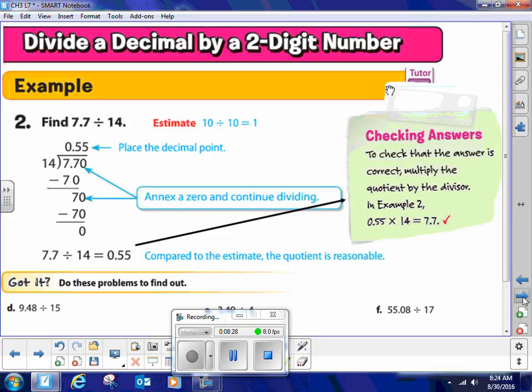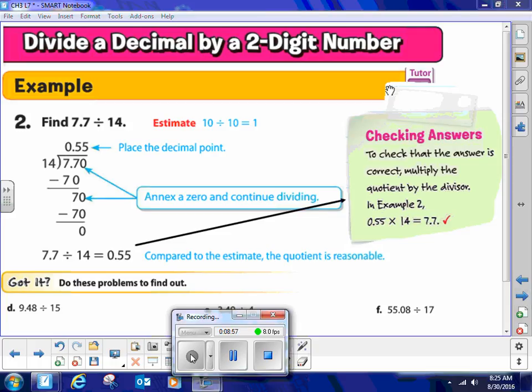If I was trying to do this work in my head, I guess I would do that. I happen to know that 7 divided by 14 equals 0.5 in my head, so I would expect my answer to be around 0.5. But if I were to do some estimating, 10 divided by 10 would equal 1, so our answer should be somewhere around 1.